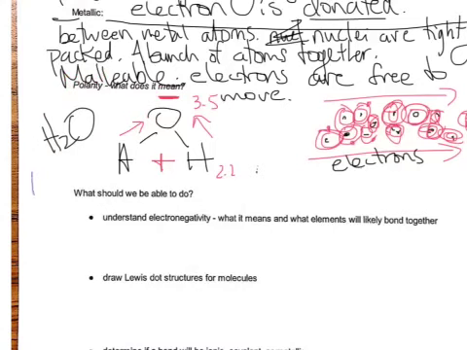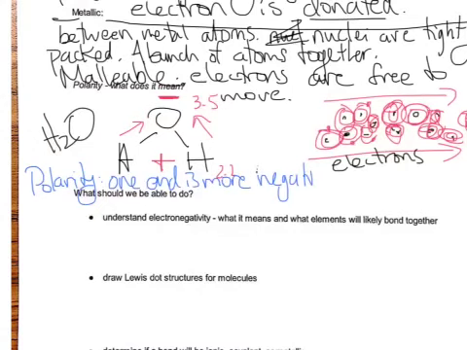So polarity is one end is more negative and one end is more positive. We talk about polar molecules, and we also talk about polar bonds. It just means one end is more negative, one end is positive. It's not the same on both sides.